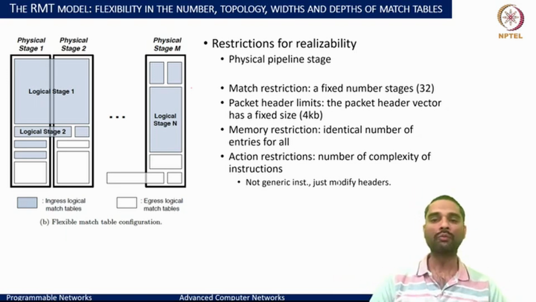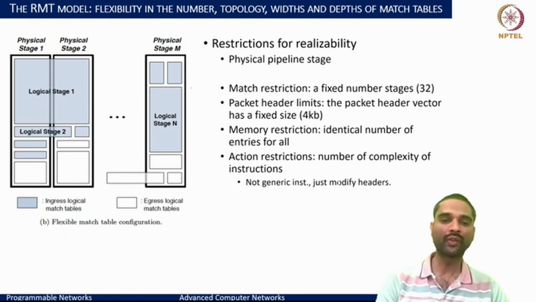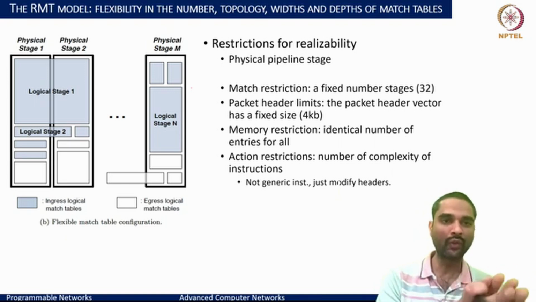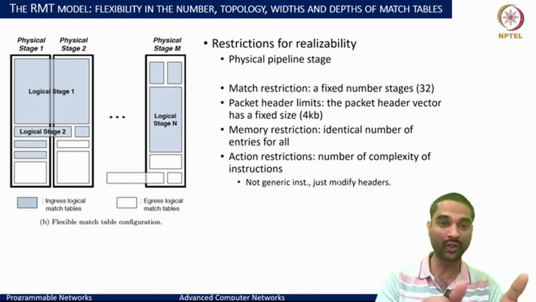And the other aspect to remember is that when we have these flexible match table configurations, the memory restrictions and action restrictions also need to be considered in terms of what all entries we have in a given physical stage or a given logical stage.